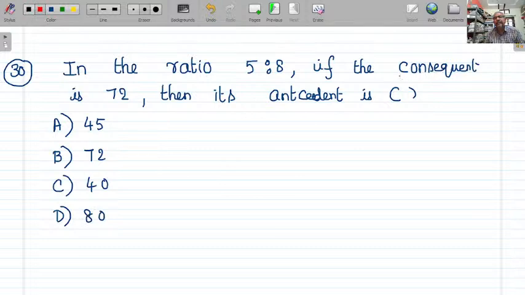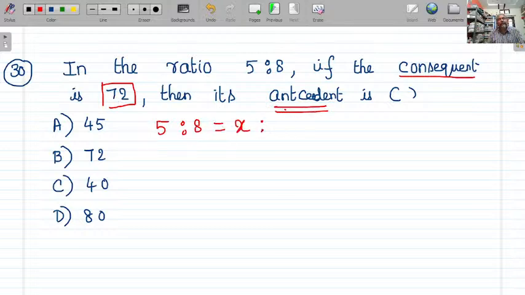Consequent means the second term of the ratio. The second term of the ratio becomes 72. The first term we need to find out. So the first method: 5 is to 8 is equal to x is to 72, where x is the unknown first term. So the product of means is equal to the product of extremes. 8 into x is equal to 72 into 5.